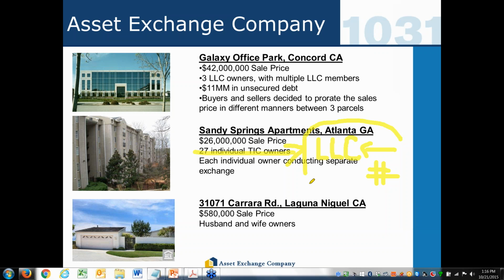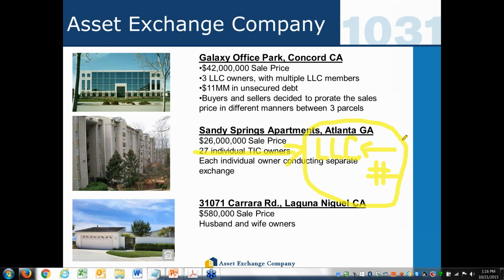The LLC owns the property, and the LLC is its own taxpayer. So for 1031 exchange purposes, I look at the property and say, well, geez, you've got one seller. It's the LLC. If you would like to do a 1031 exchange, that seller, the LLC, is going to have to go out and buy replacement property. The problem is some of the members within the LLC might not want to go forward. Well, guess what, ladies and gentlemen? That's a problem.